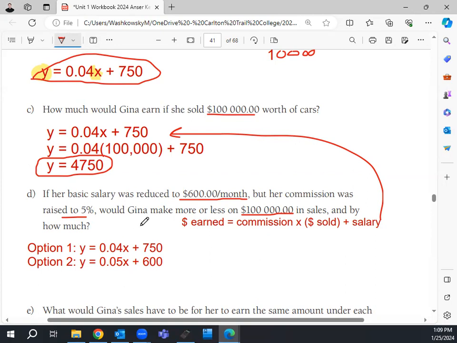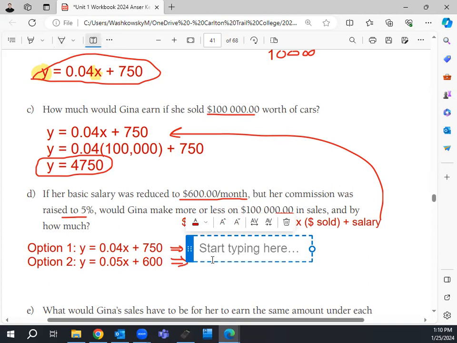Now, your first guess might be, okay, I'm going to do exactly what that last one above was. I'm going to make this equal this, and then I'm going to try and solve for X. But that's not what it's asking us to do. It's just asking us which one of these makes more, right? So all I need to now do is change X for that 100 grand, and then it's going to tell me which one she's going to want if she thinks she can make 100 grand.